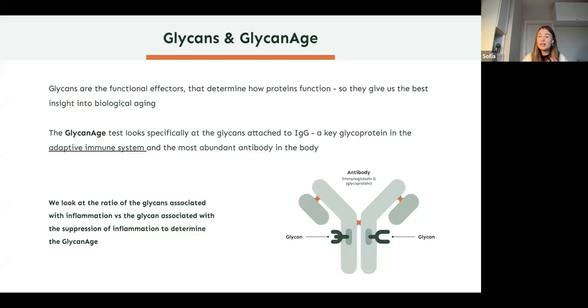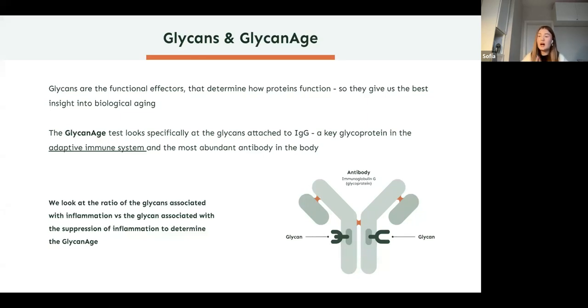So we're looking at glycans attached to the immunoglobulin G, which, as you know, is a key glycoprotein in our adaptive immune system, and it is one of the most abundant antibodies in our blood. These different glycans attached to the immunoglobulin G can be either anti-inflammatory, which means that once the antibody binds to a different cell of our immune system or any other cell, the response of our immune system will be anti-inflammatory.